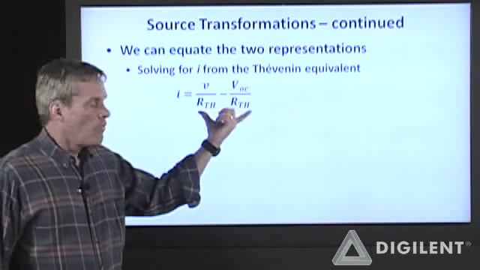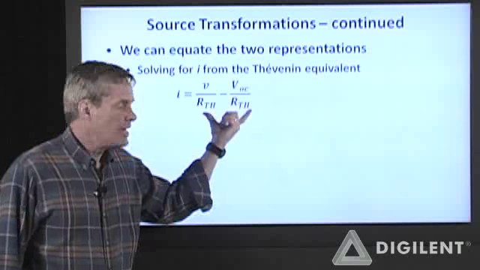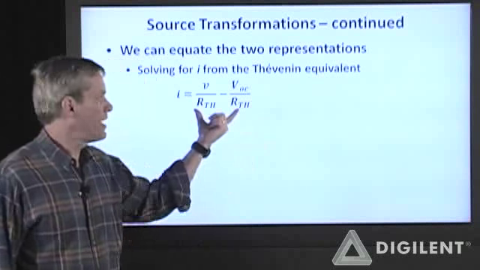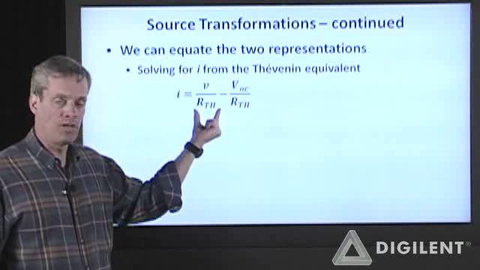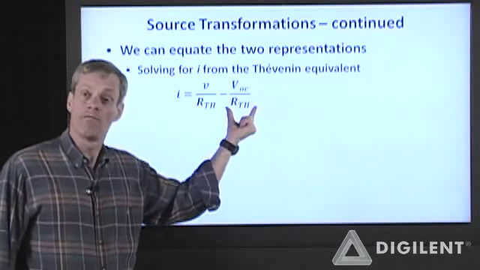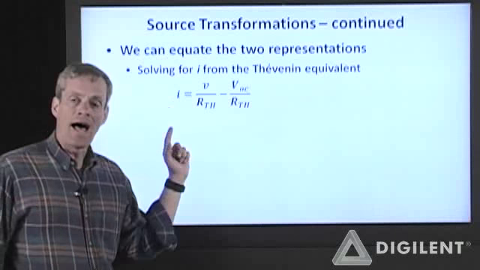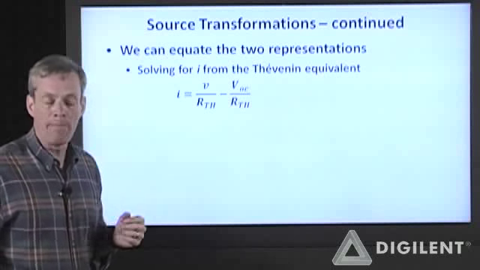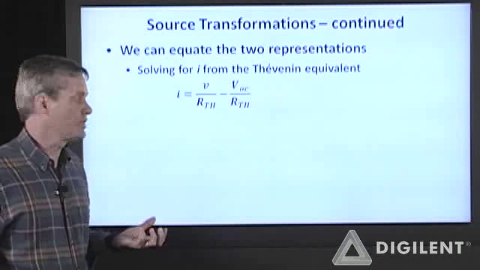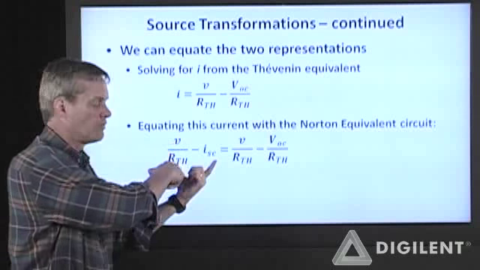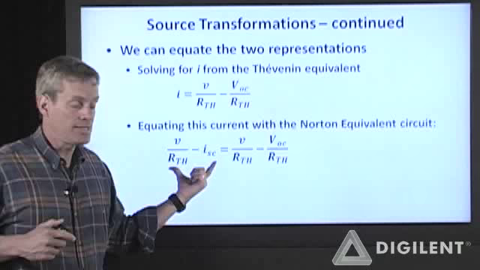So from the Thevenin equivalent circuit equation, we can solve for the current. If we divide that equation through by RTH, we get I is equal to V over RTH minus VOC over RTH. We can equate this I to the current that shows up in the Norton equivalent circuit equation. So the Norton equivalent circuit tells me that I is equal to V over RTH minus ISC.